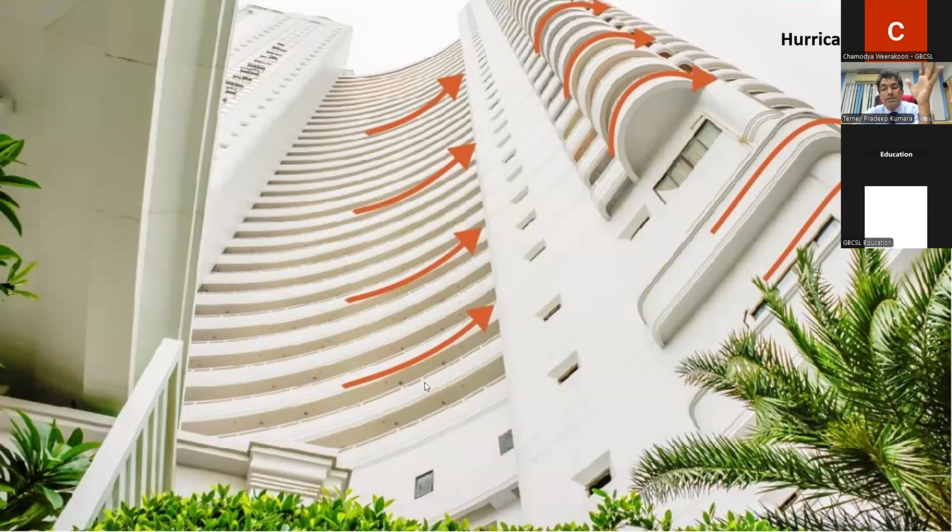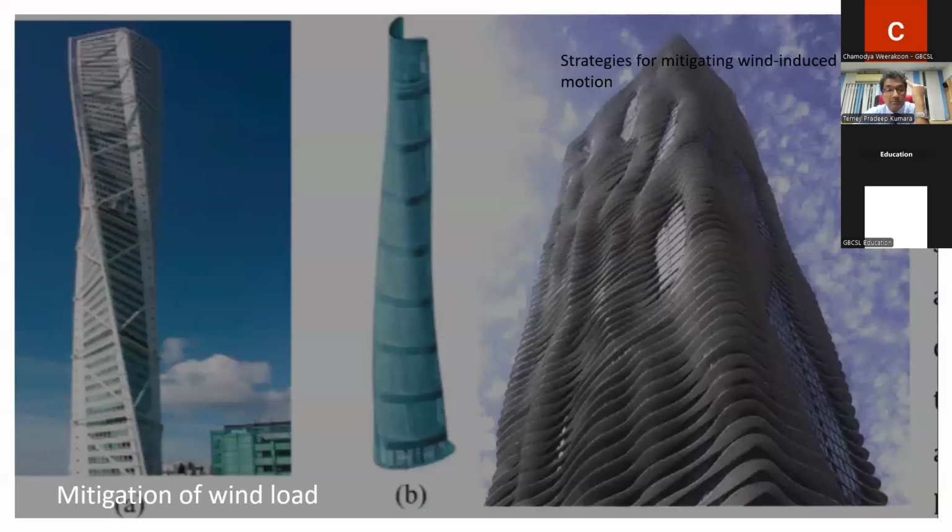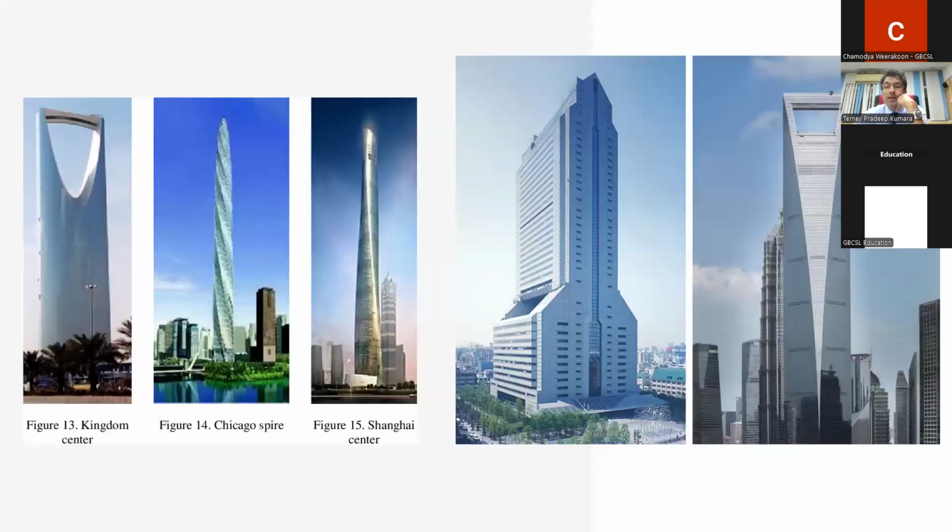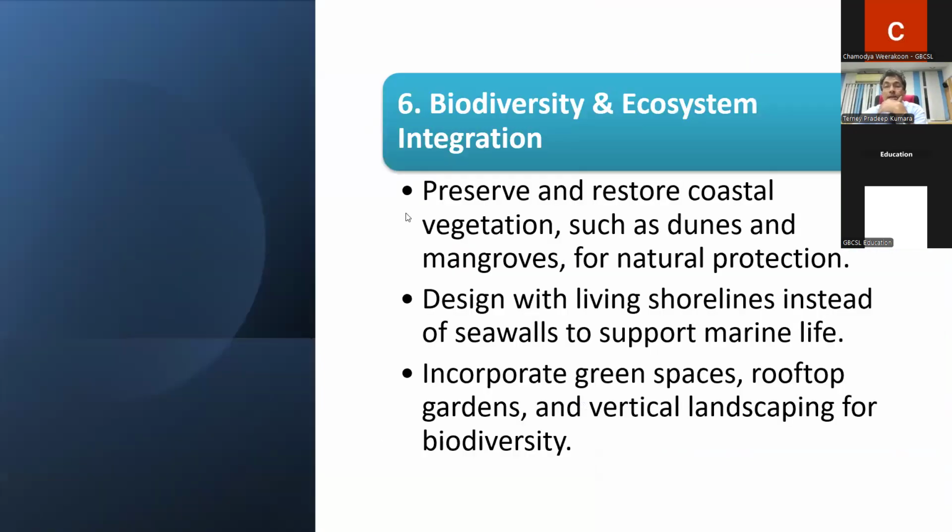This building does not act as a complete barricade, but it reflects the wind power and gives maximum protection for the residents in these buildings, right? And these are for the mitigation of wind load. Some building designs you can use, right? Some examples from other countries.